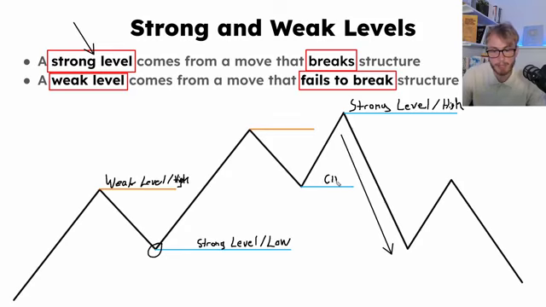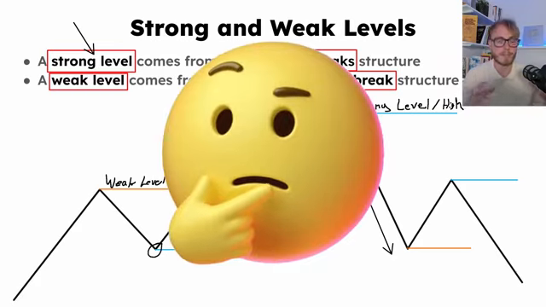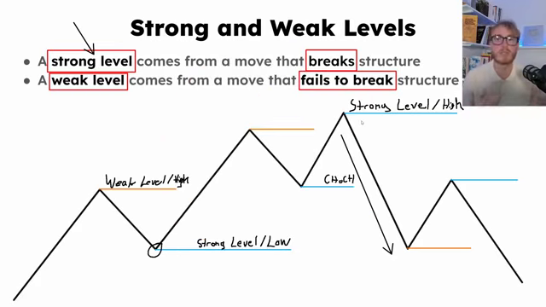Remember, this right here is a change of character. And I see both levels that break structures and levels that break characters as strong levels. For the same reason, this right here is a strong high because it breaks the low. And this right here is a weak low or weak level because it fails to break above this point. And now you might of course wonder, why do we learn about strong and weak levels? Well, that will be very clear in the next chapter where we talk about supply and demand.